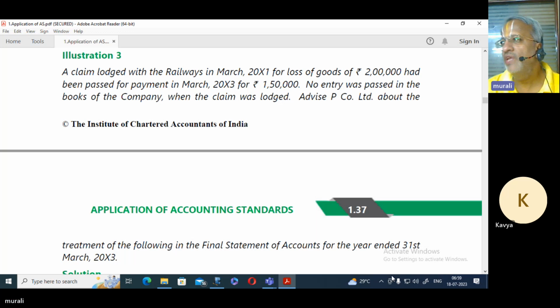Or can you say no, it cannot be considered as error or omission? By March 20X1, when they lodged the claim for loss of goods, they had transferred the goods and lost control over them. Second, it is capable of being measured, because they are transporting through railways.